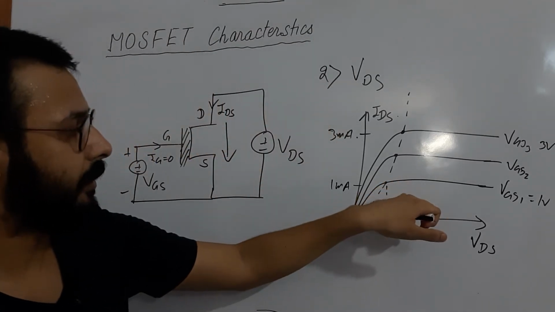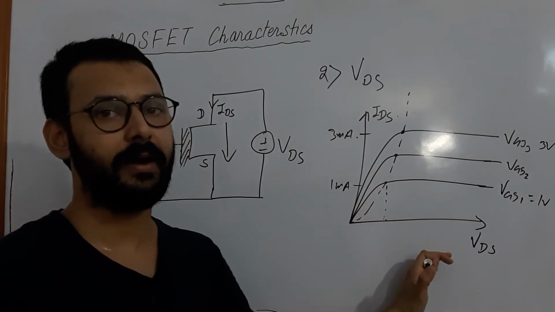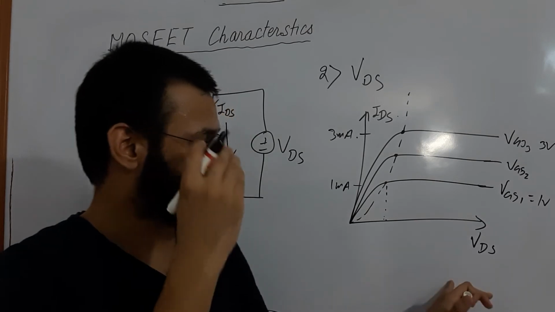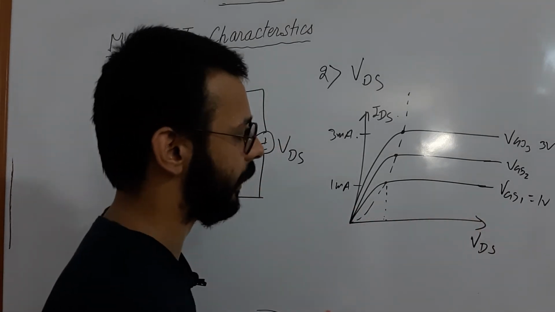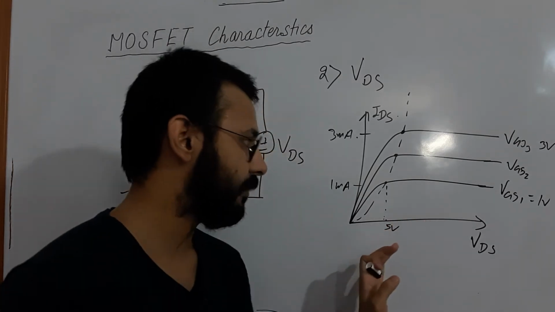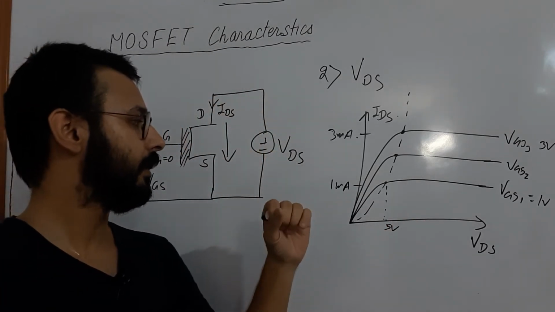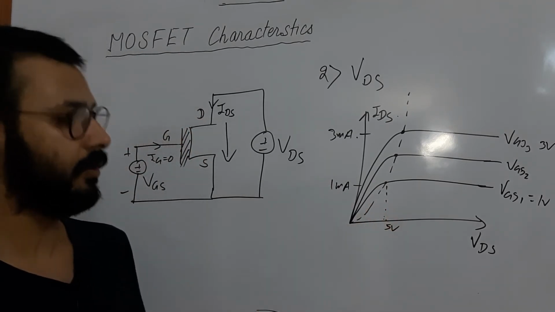After this point, the current is almost independent of the VDS voltage. If, for example, I am just taking a random value, it doesn't matter, if it is 5 volt, then after the 5 volt, the current value will be constant. It will not change anymore.